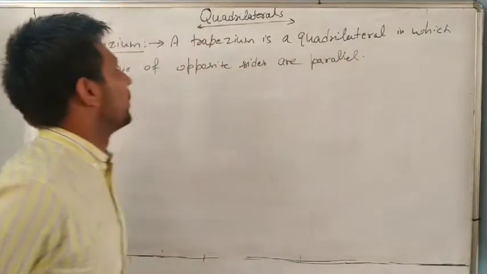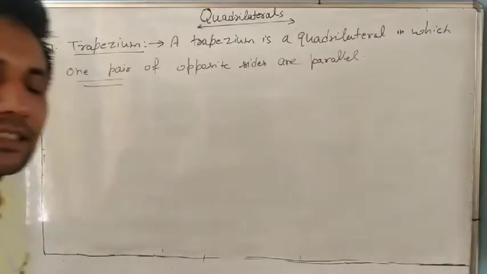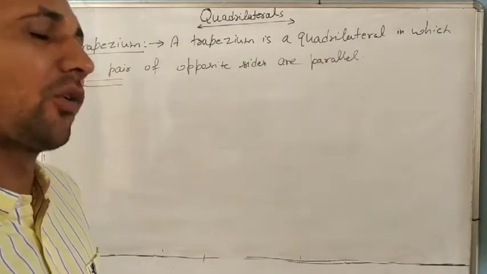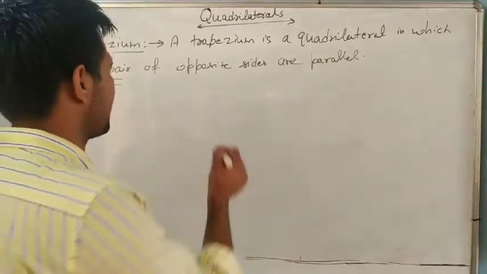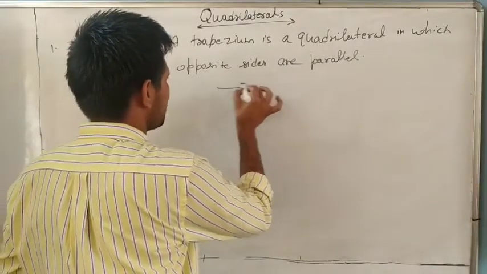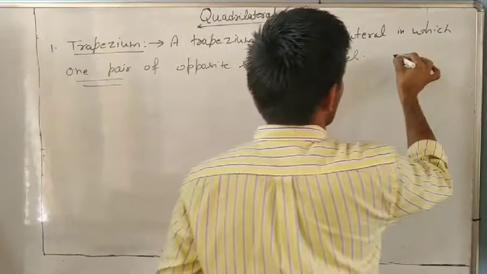One pair of opposite sides are parallel. Only one pair. No need to check both pairs. Only one pair, if it is. So the figure I am making here.